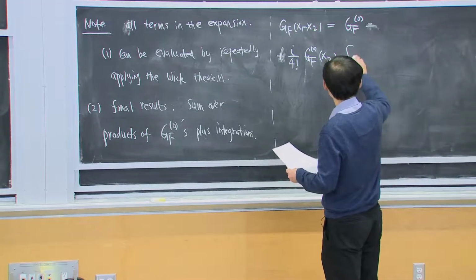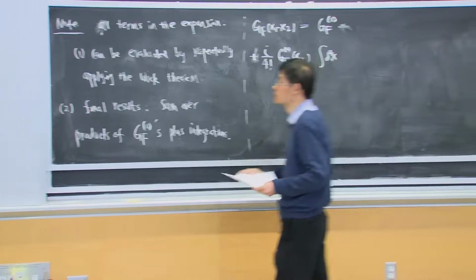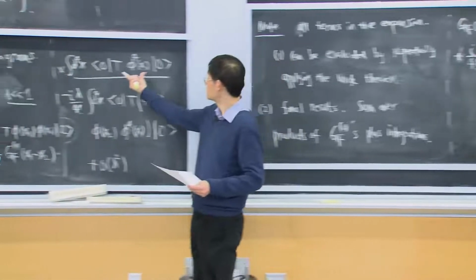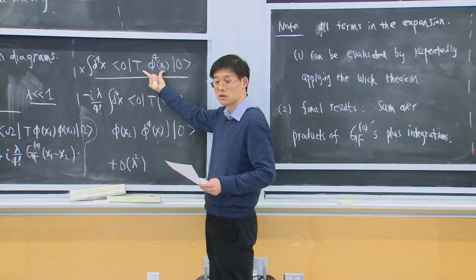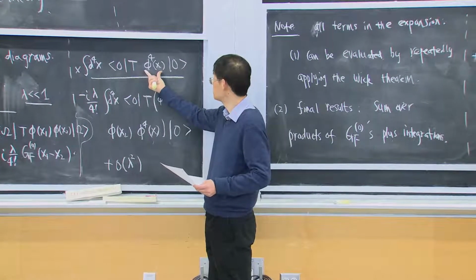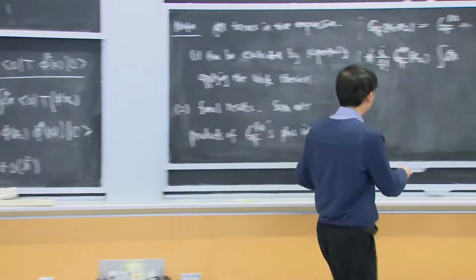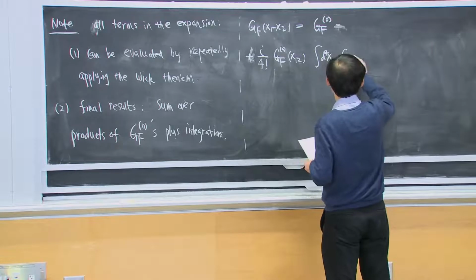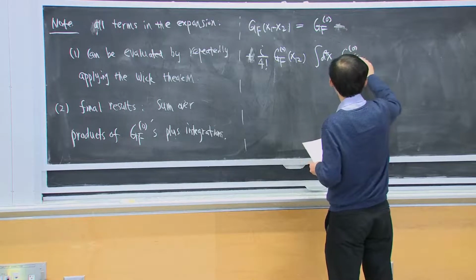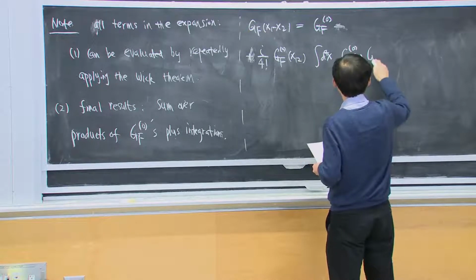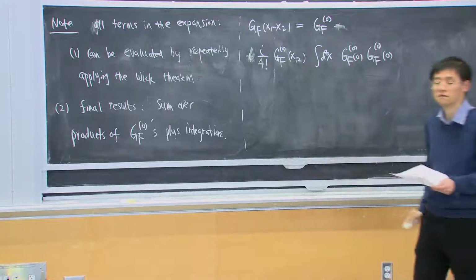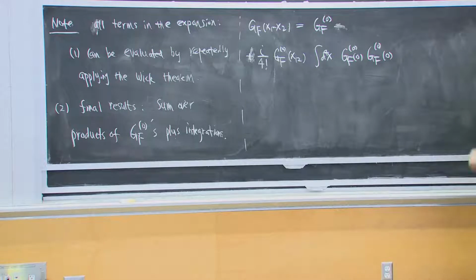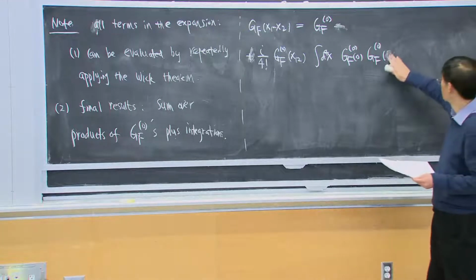Then we have the integration over d4x, and this reduces to two Feynman propagators, both GF0 of x minus x.